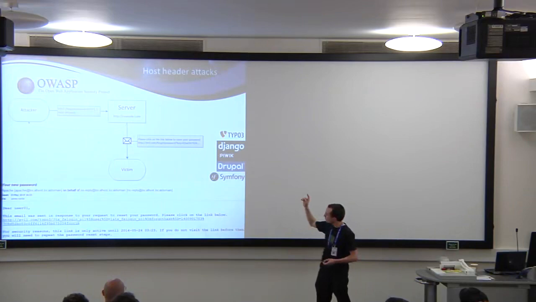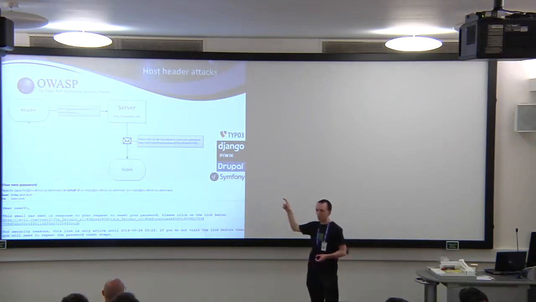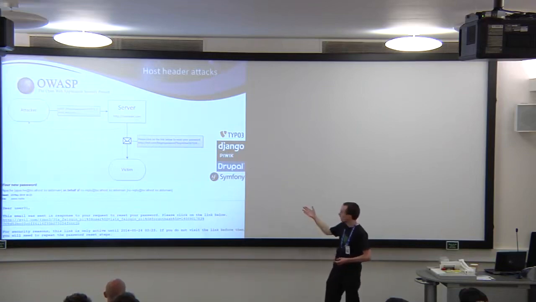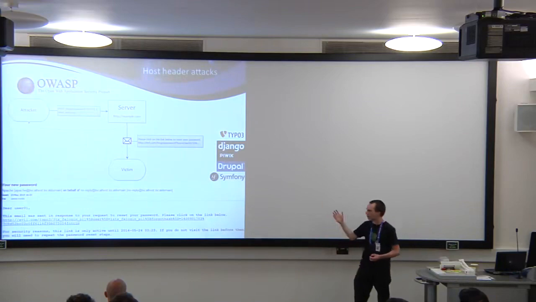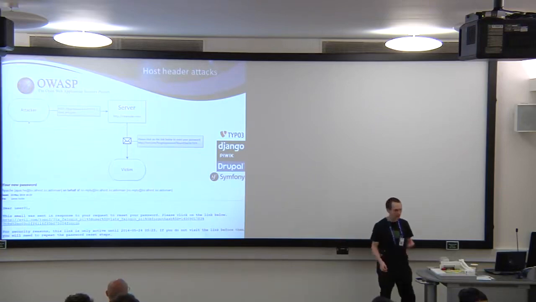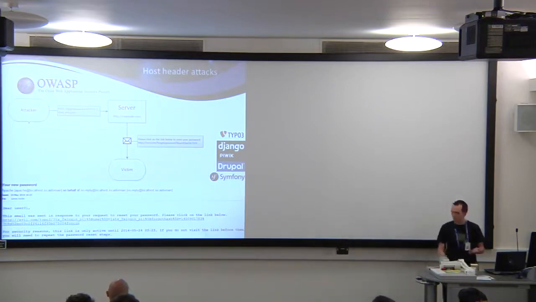And the victim will receive a link which, if they press it, will communicate their secret key to the other user, giving the other user control over their account. That issue has affected a wide range of web applications and frameworks, primarily because it's surprisingly difficult to find out where your server is really located. So sites fall back to using the host header.